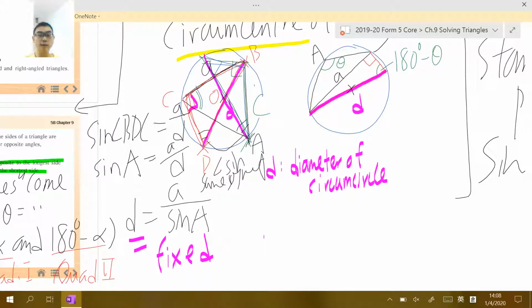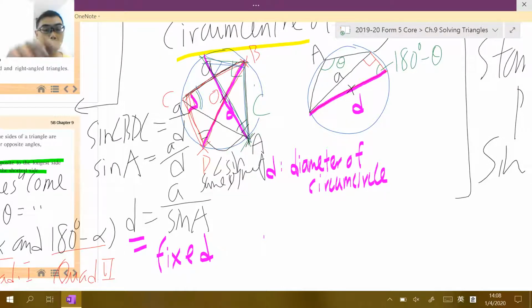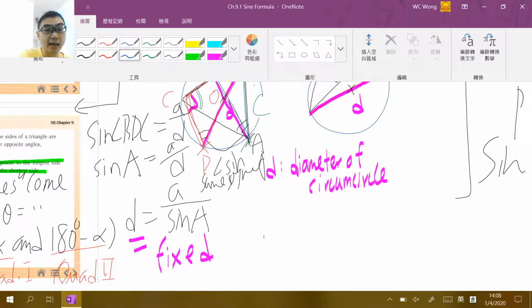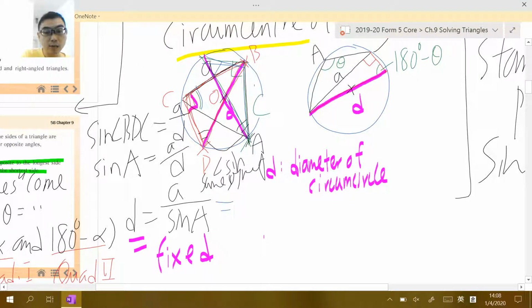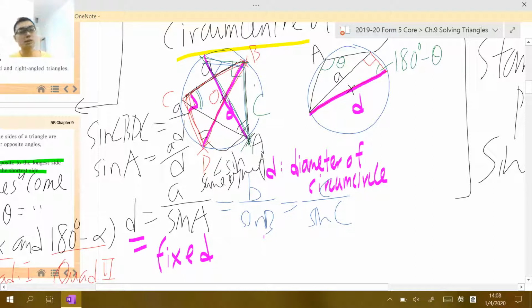So no matter whether you take the angle A and sine A, or the angle B and sine B, or the angle C and sine C, all the fractions of the side length over the sine of its angle become the diameter of the circle.